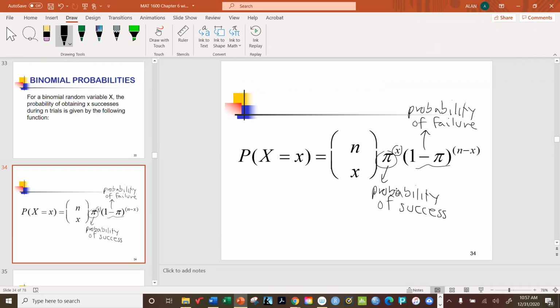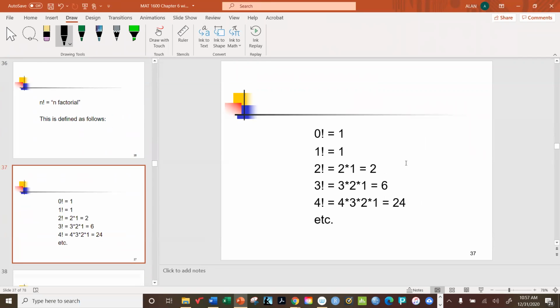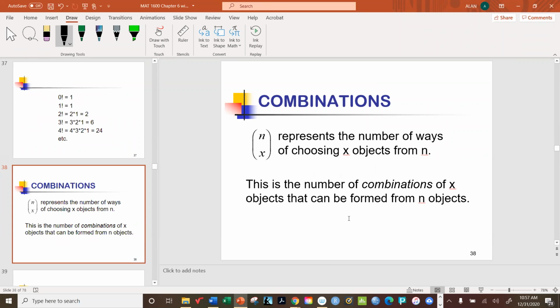All right. So we went through and explained what combinations mean. And of course, this is the actual formula that we're looking at, where this exclamation point is the factorial operator, which we defined here. And then we explained what combinations mean. These are selections of objects from a larger group where the order is irrelevant.